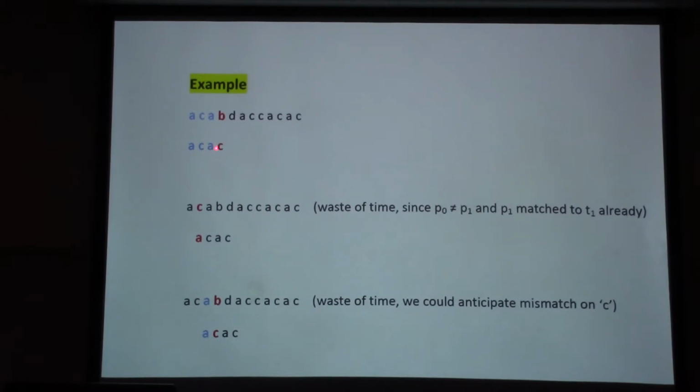So if the third character matches, then the first character on the slide will definitely match. But we also know that the second character in the pattern is a C, and so is the fourth, and the fourth had a mismatch. So the probability of the second character matching the fourth is 0. So sliding once and sliding twice is a complete waste of time. We can do it, but the brute force algorithm is simply going to go through something which is definitely going to end up in failure.